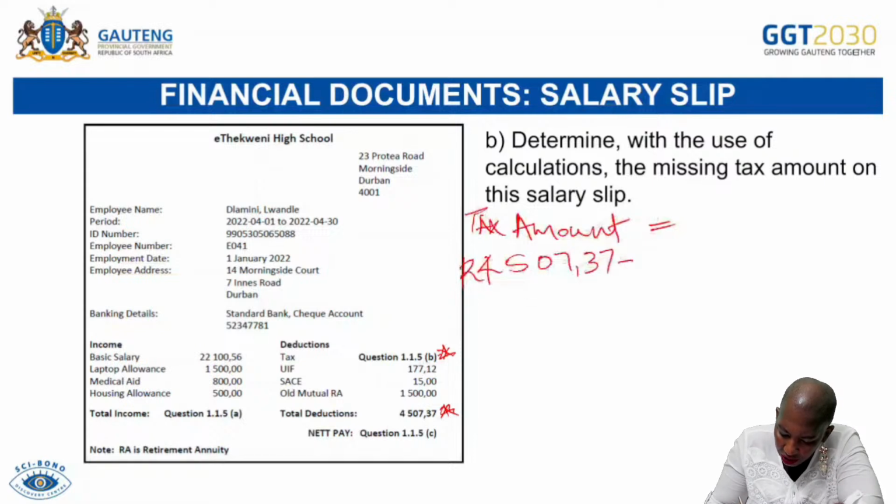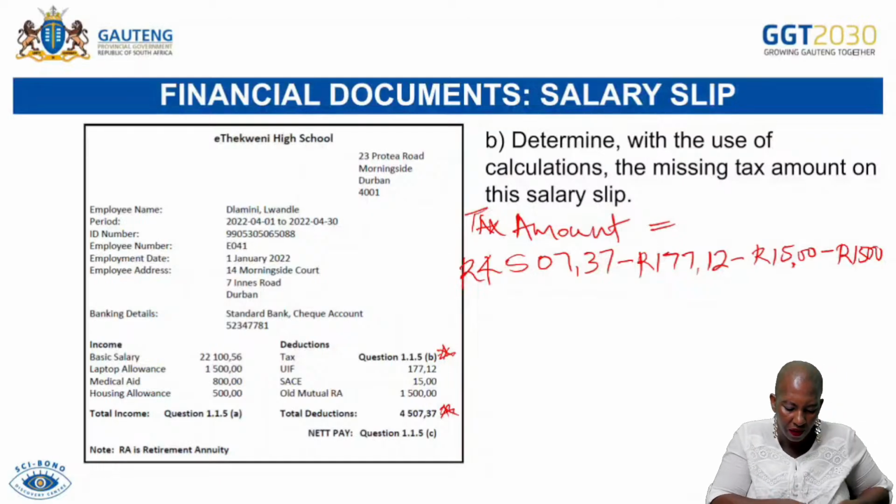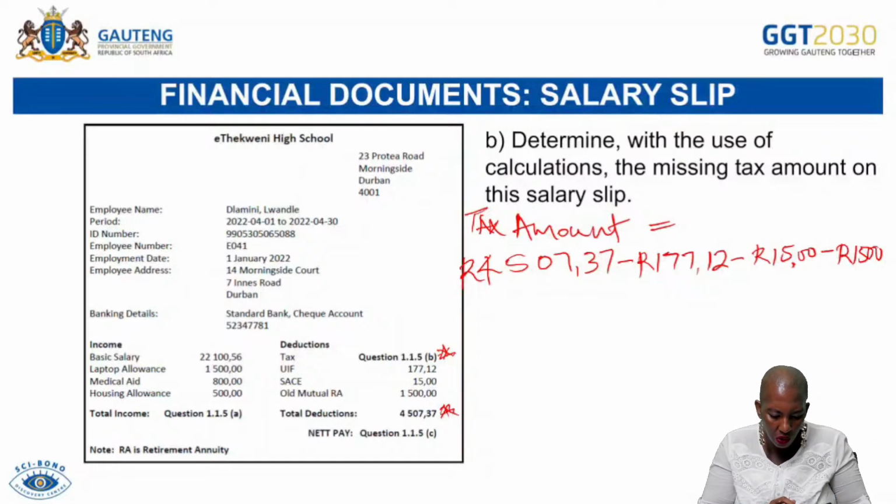Then I subtract the 177 rand 12 cent. Then I subtract the 15 rands. Then I subtract 1,500 rand from the 4,500. So let me quickly do it.